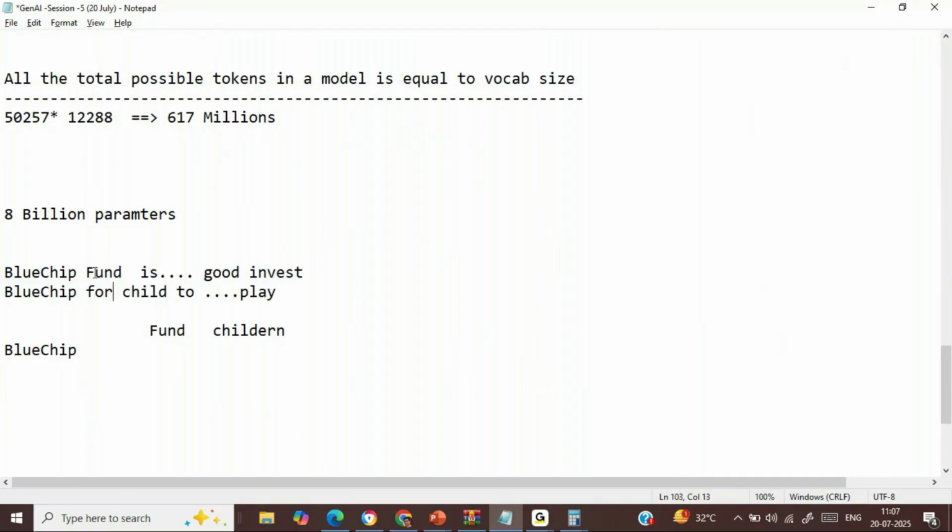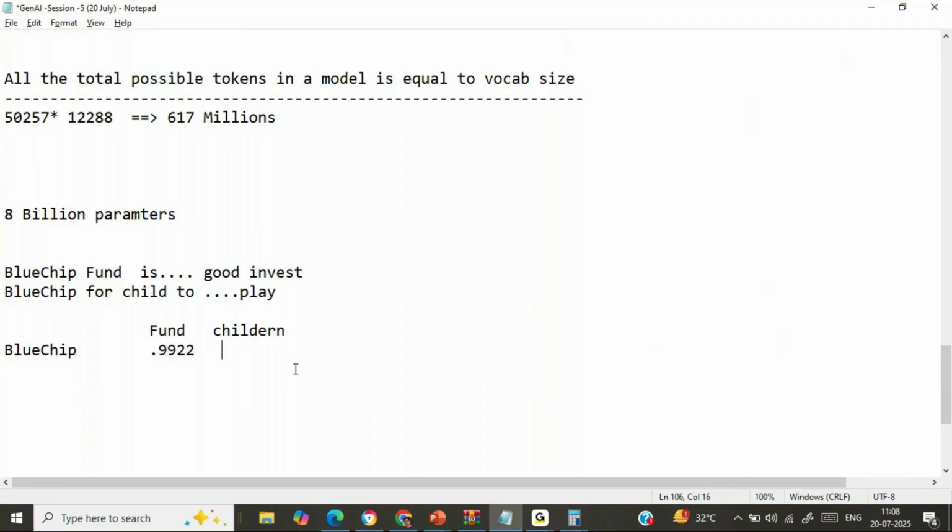So once this particular fund is there, with respect to the fund it is going to find out the best possible next word. And how is it possible? Because of the weighting that is being done. So blue chip will have different weights: with respect to fund, you can think the weight is 99.80, 99.22.